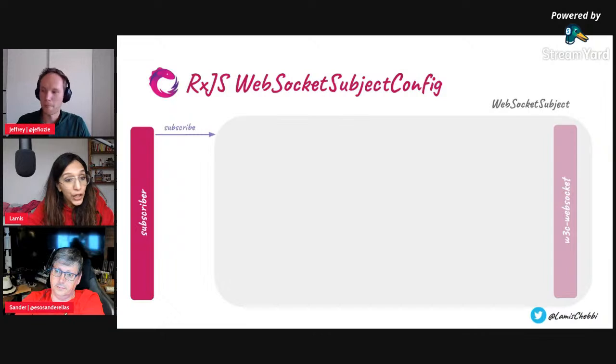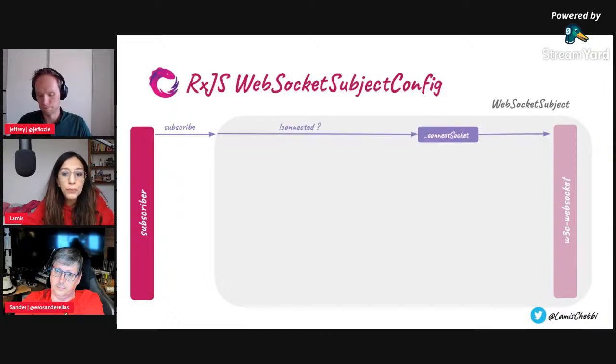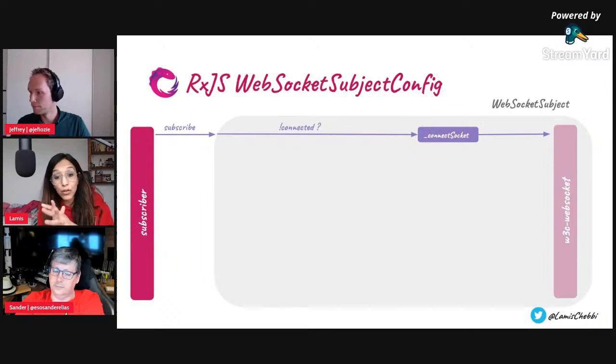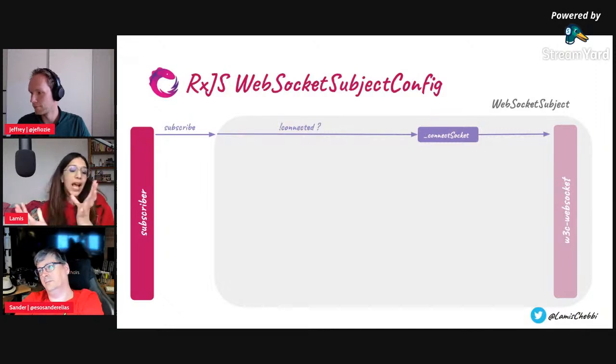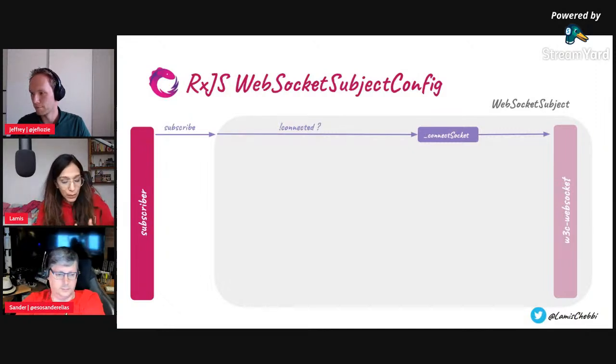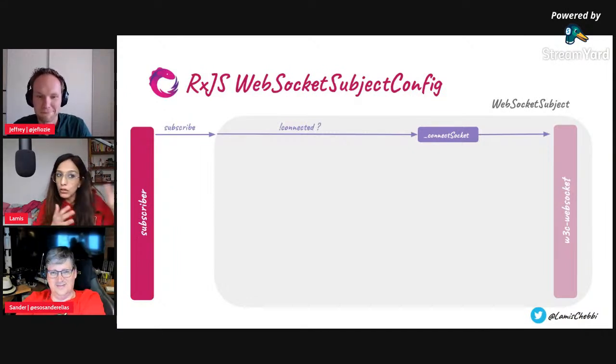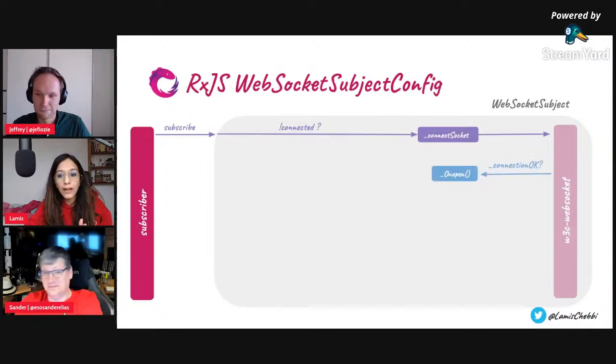As you can see here, when you hit subscribe, this is what happens under the hood, inside the implementation of the RxJS WebSocket subject itself. So when you subscribe, it will check if you're not connected before, and it will call connect socket.